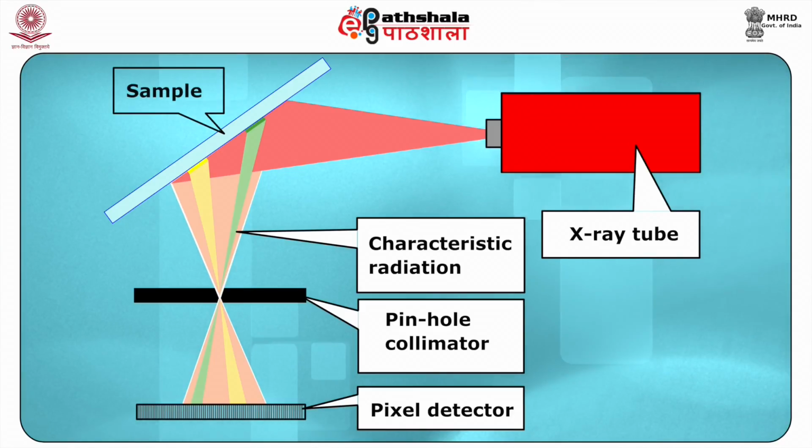In the case of X-ray fluorescence, the incident X-ray as well as the fluorescent radiation are both invisible to the human eyes, as both lie in the invisible spectrum. But the basic fact remains the same, meaning thereby that the incident X-ray radiation will be of lower wavelength and the fluorescence radiation of higher wavelength.